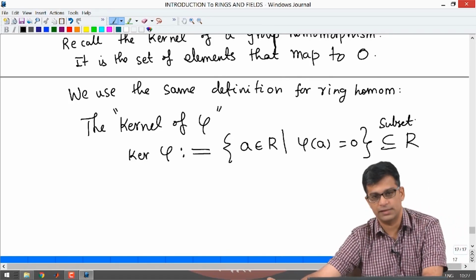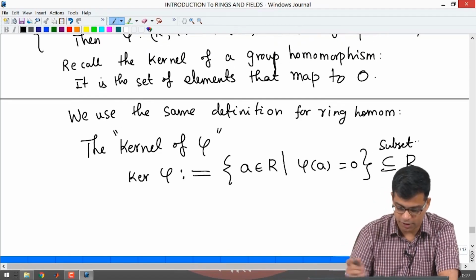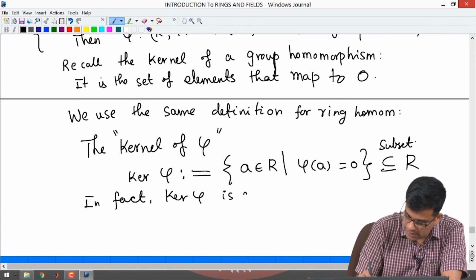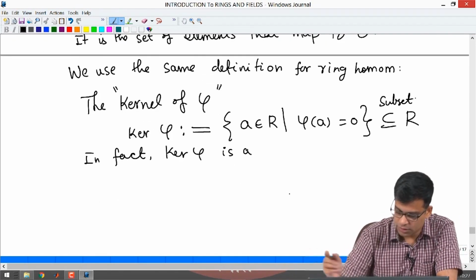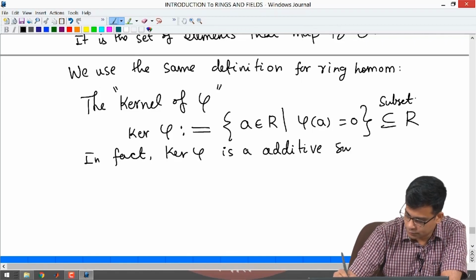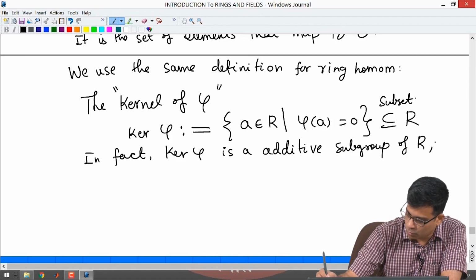But because the kernel is really defined using the notion of group homomorphism, it is more than a subset. In fact, ker phi is an additive subgroup of R comma plus.